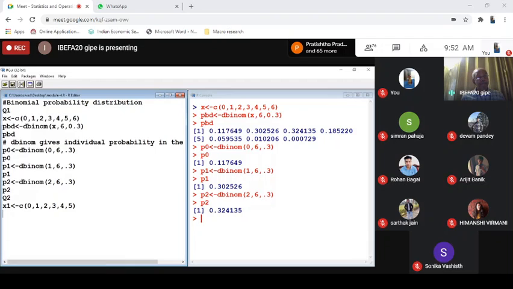I denote the probability for the binomial distribution for the second question. The binomial x1, 5, 0.95.